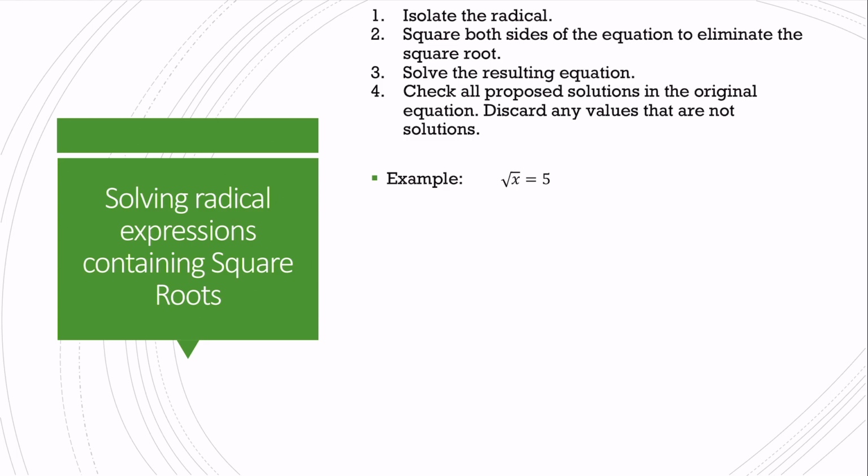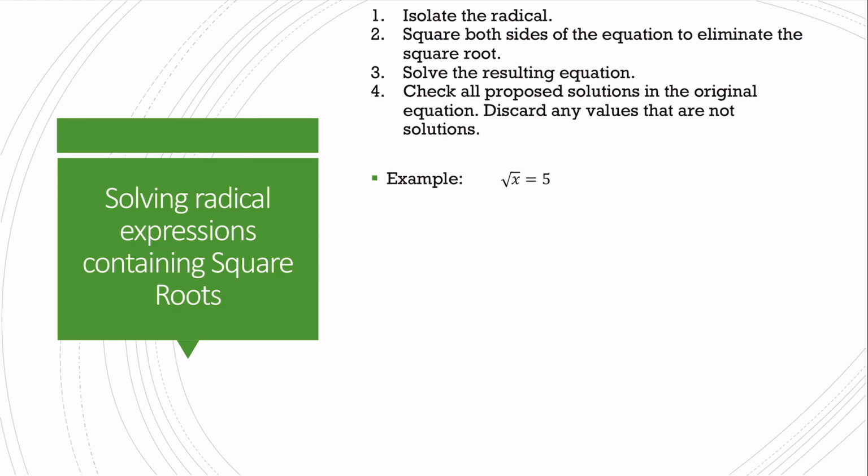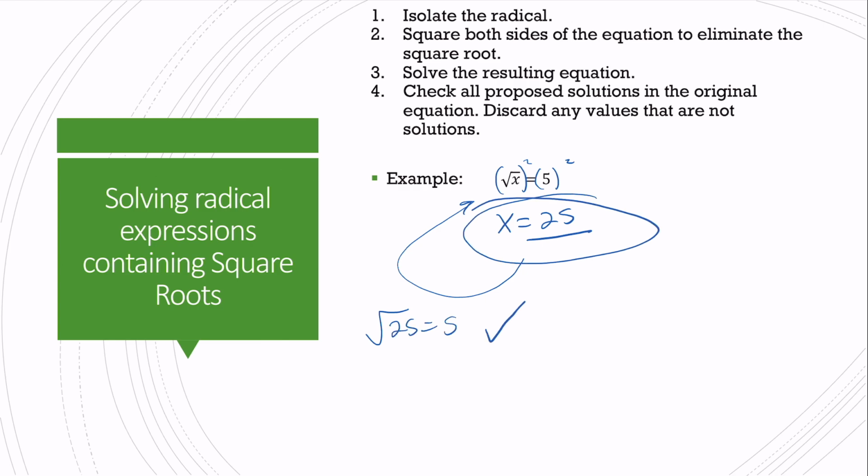So, for example, if I have the square root of x is 5 and I square both sides, I get x equals 25. Well, if I plug that back in, the square root of 25 is 5, check, right? So this would be our solution.